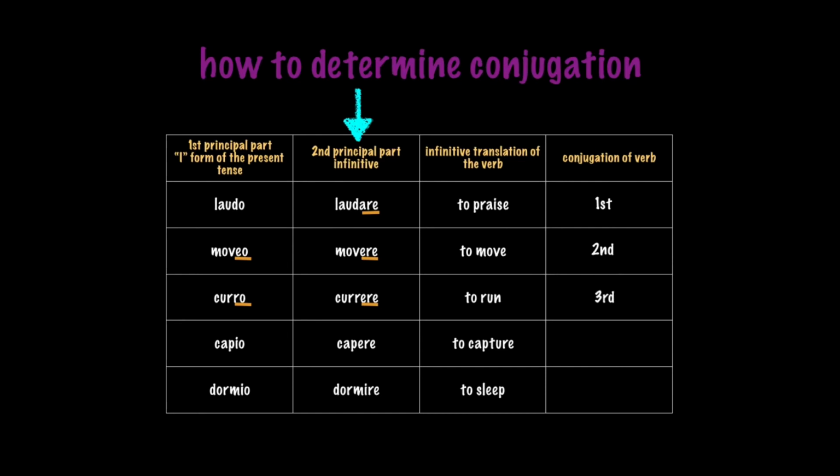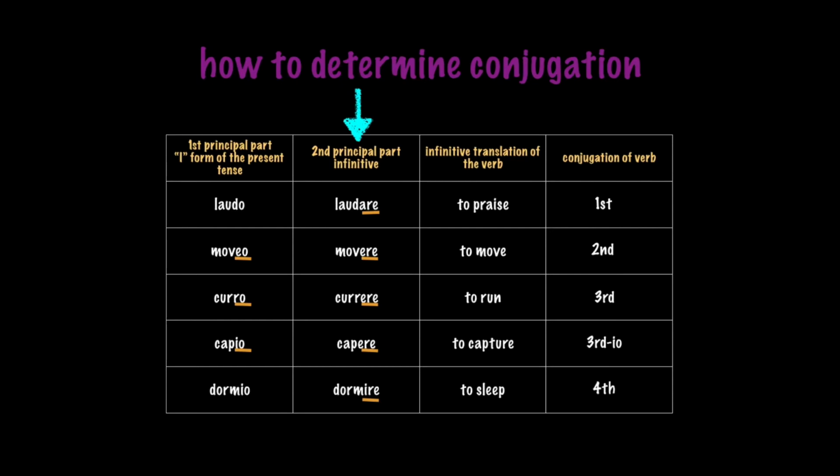If you see -ere as the ending on the infinitive with an -io on the first principal part, that verb is a third -io verb. And fourth conjugation verbs will always have the infinitive ending of -ire, like dormire.